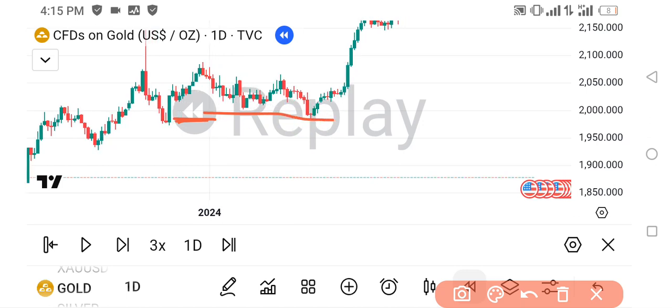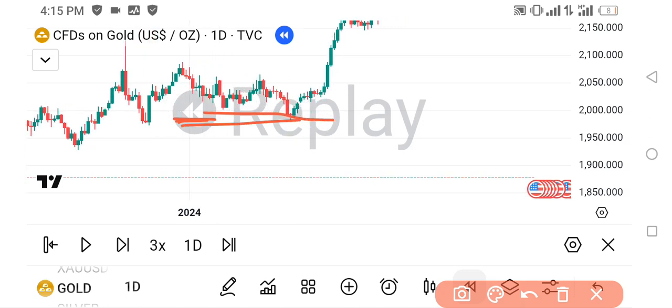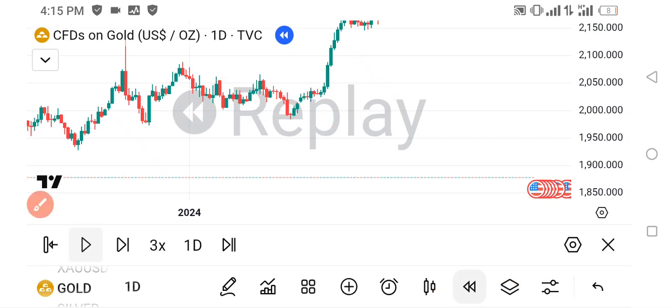So price did the same thing. The future money was here. It's a change of character here. So price came back down here. So we can see that we have two pullbacks. Let's continue to see what the market is doing when it's trending.